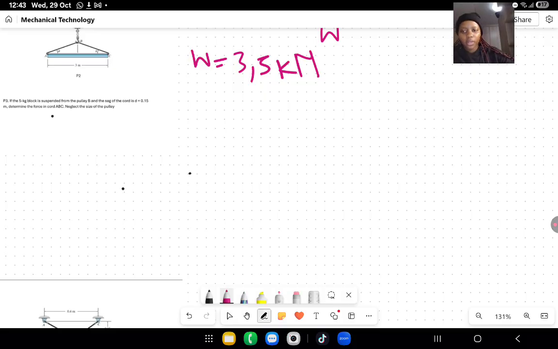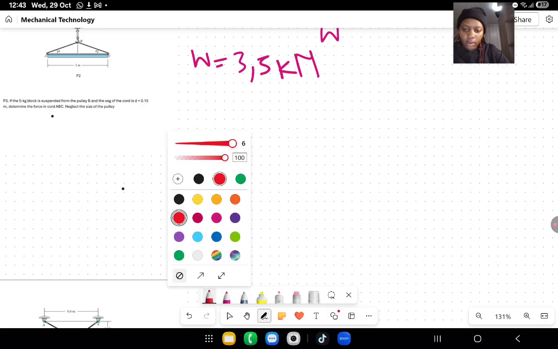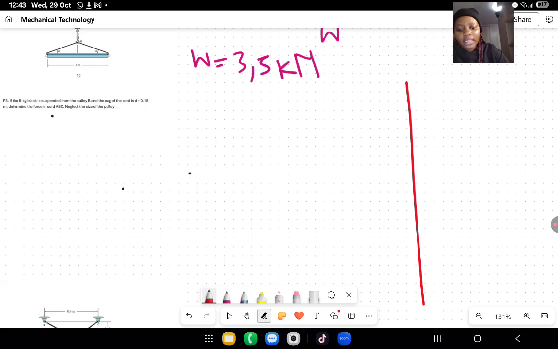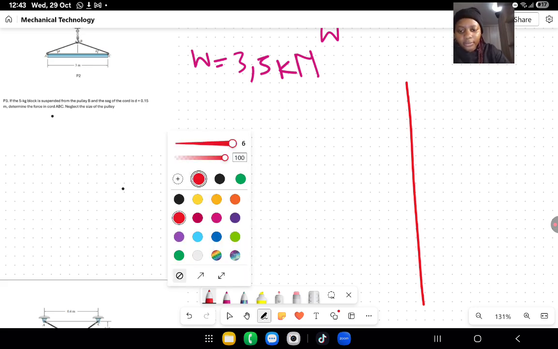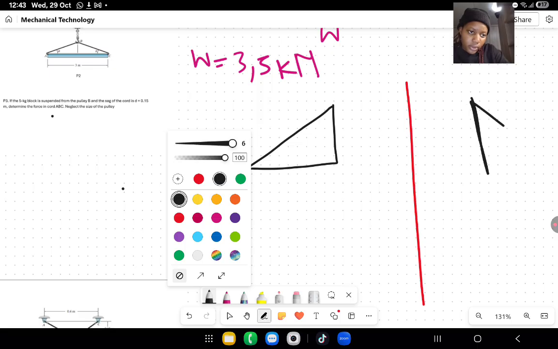To calculate this very well, we'll draw a line here. For the other side, we will draw a triangle. For this side, we'll use this triangle, then also on this side, we'll do the same thing.